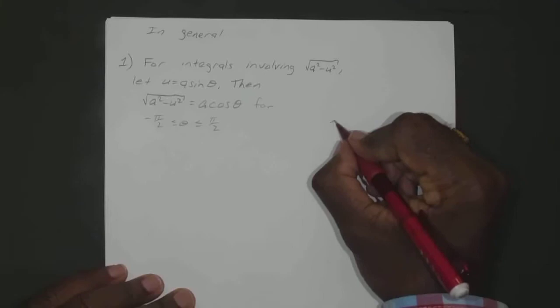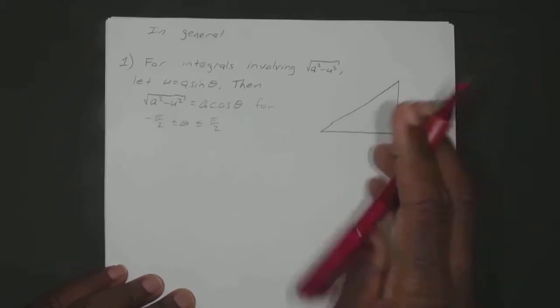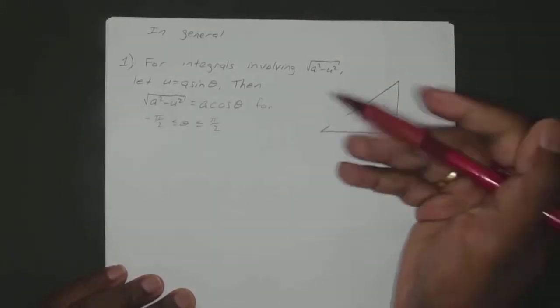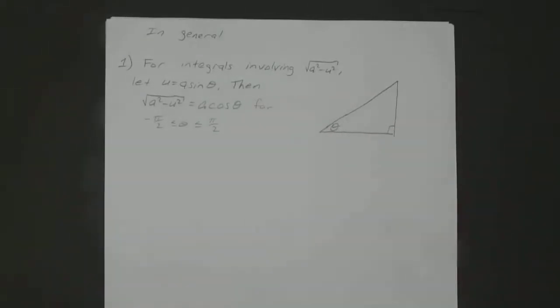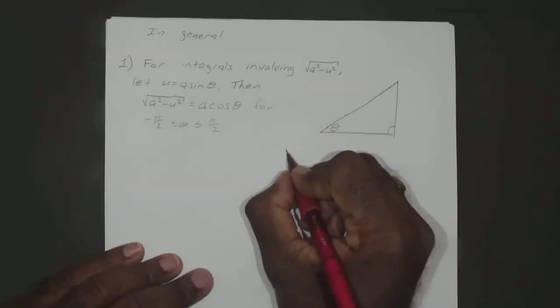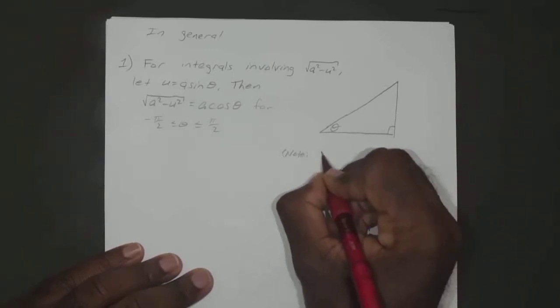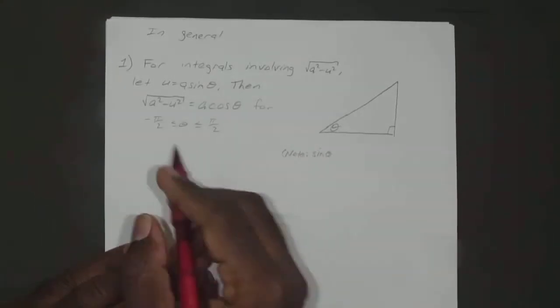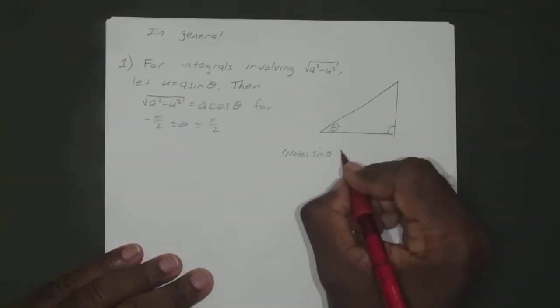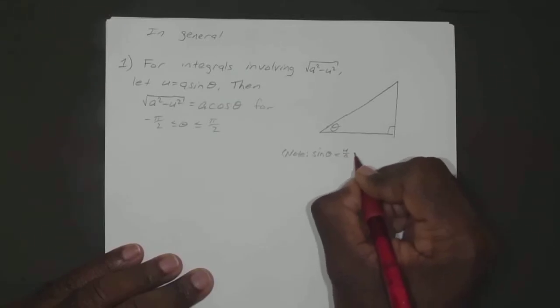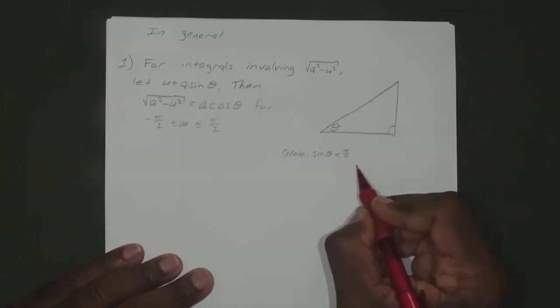Now for this to work, you're going to need one other thing, and that's your right triangle. Let that be your theta. Now we know that sine of theta, since we let u equal a sine of theta, is u over a, which is our opposite over hypotenuse.